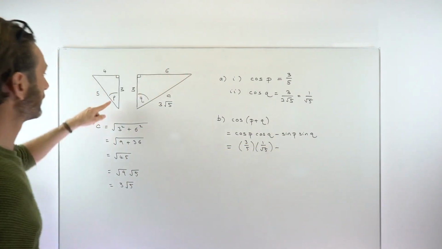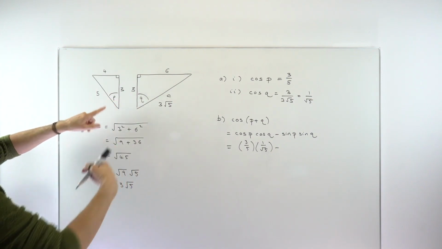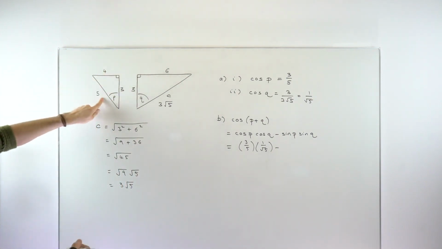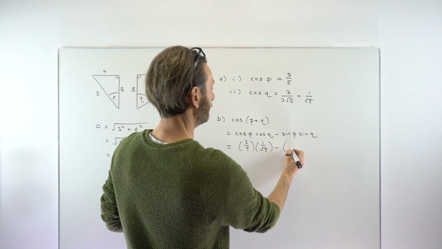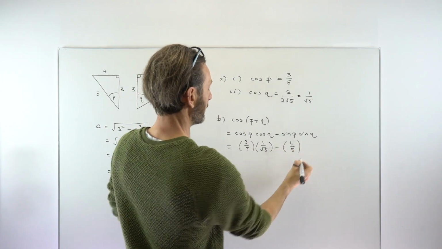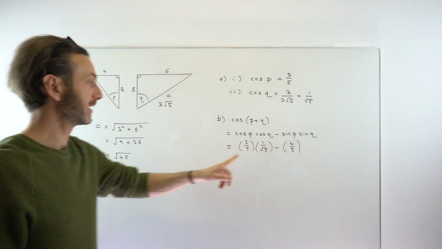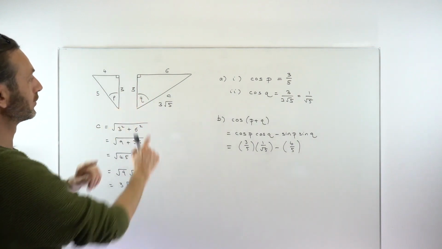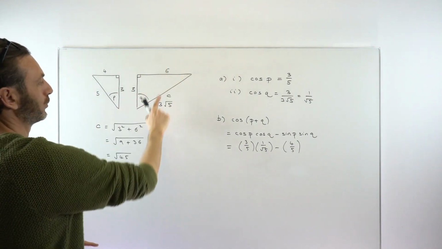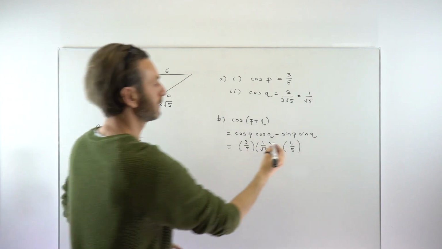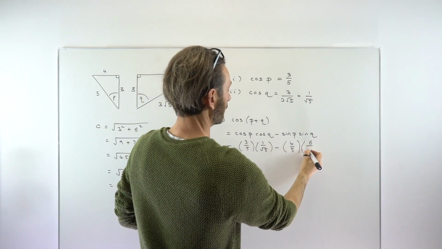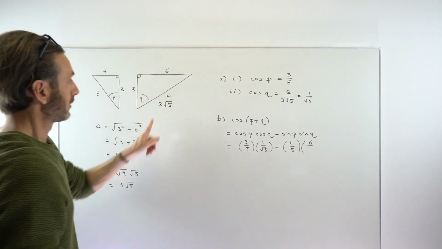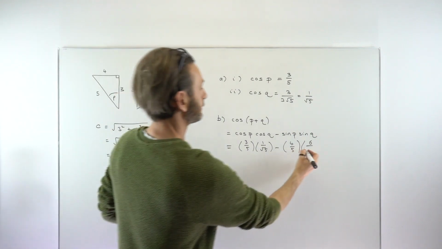So sine p, going back to the p triangle, opposite over hypotenuse, so it's 4 over 5. Notice that matches that denominator, so that's a good sign. And then the sine q value, opposite 6 over hypotenuse, 3 root 5. So it's going to be 6 over 3 root 5.